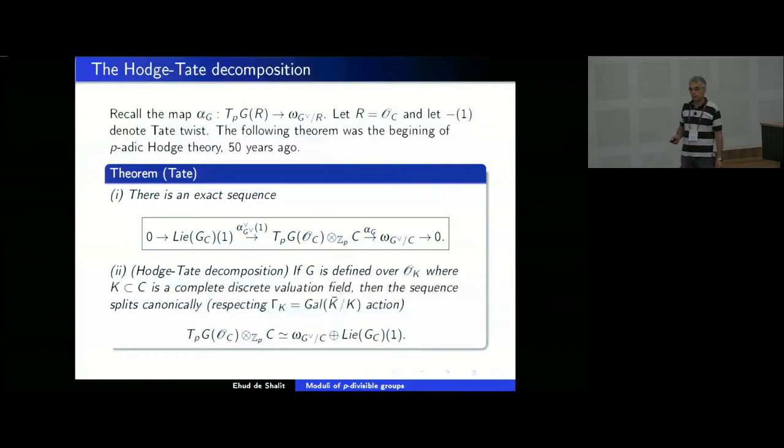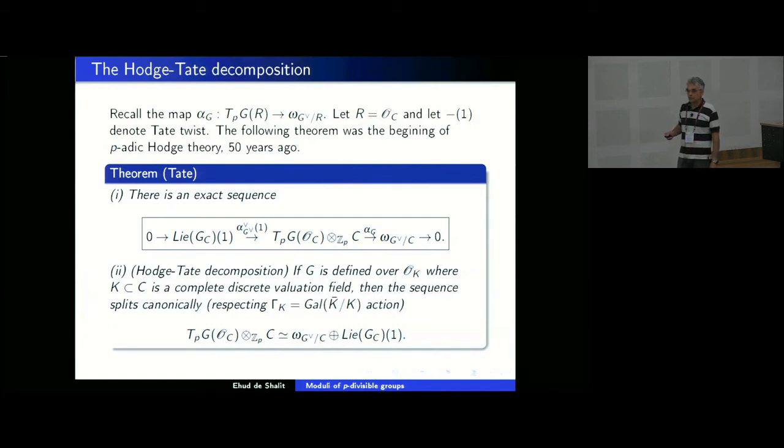And now it becomes really important that I put this Tate twist here over the Lie algebra. As long as I didn't consider anything but the Lie algebra as a vector space, it wasn't crucial, except for maybe this thing being defined canonically.